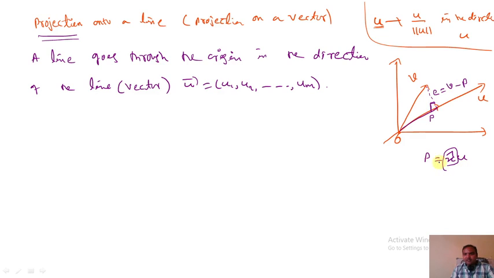Now here this p is the closest point to v, not exactly v. We are finding the shadow, the point closest along this line.